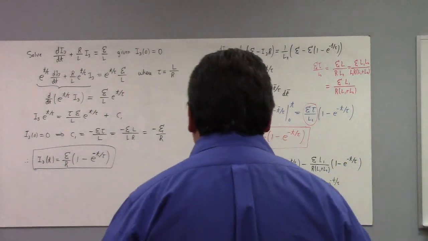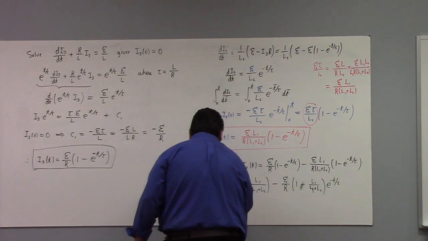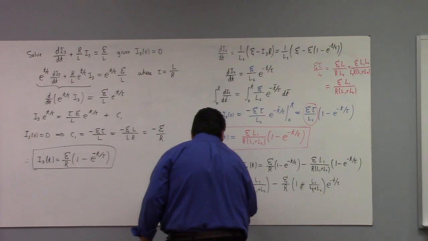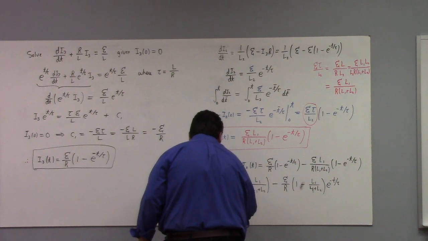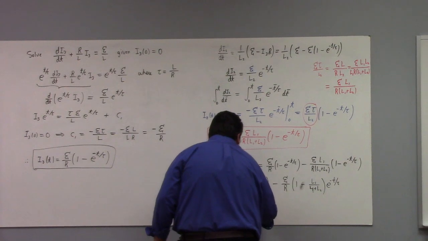So notice what happens if you do the math here: this is just E L2 divided by L1 plus L2 times parentheses 1 minus e to the minus t over tau.